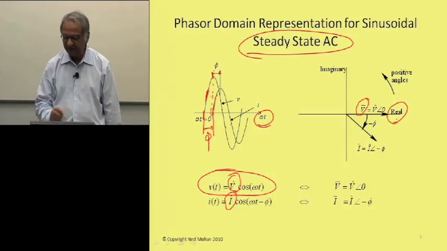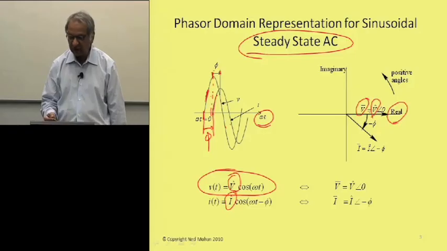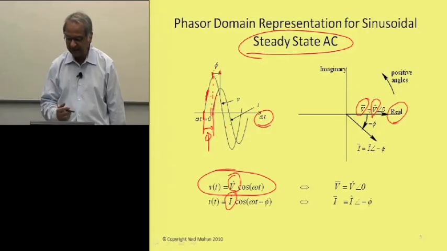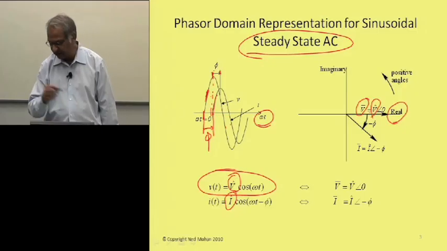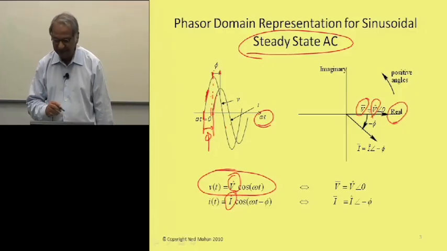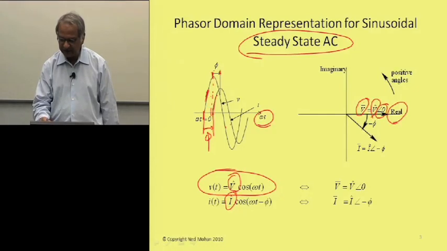And you can see that it has an amplitude V hat. In this course, we will use the peak value to designate the amplitude, because sometimes it's RMS that is used, but here we'll use the peak, and the angle associated with it is 0 here.